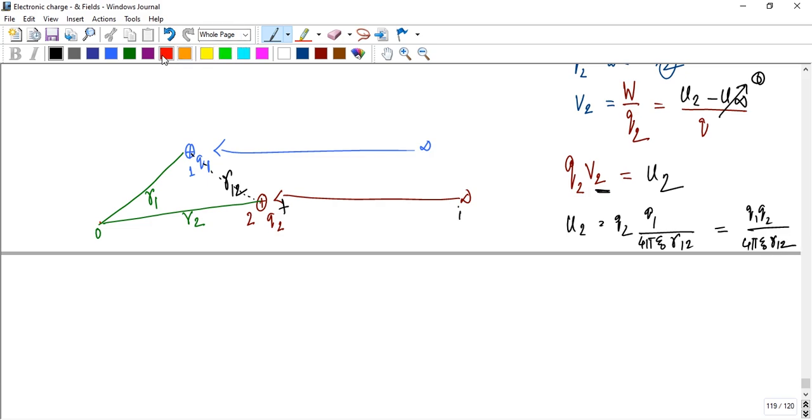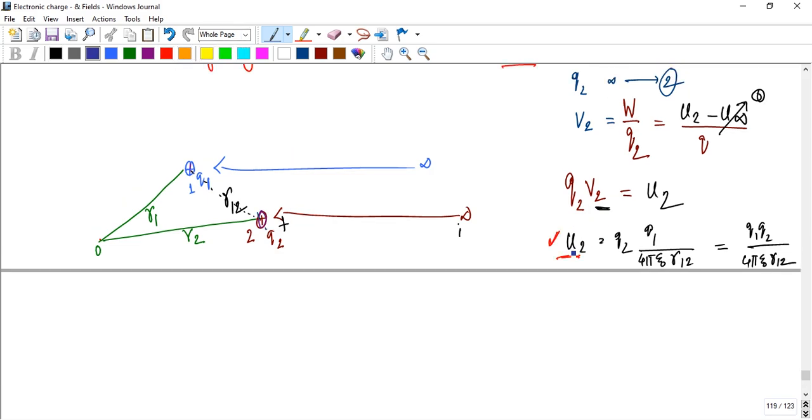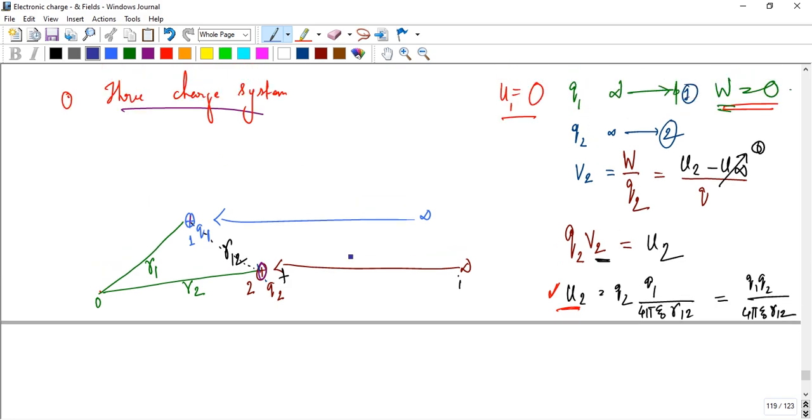That's important. Okay. Now we take another charge, Q3, a three-charge system. Suppose we take Q3 here, that is a Q3 test charge, from infinity to that point.